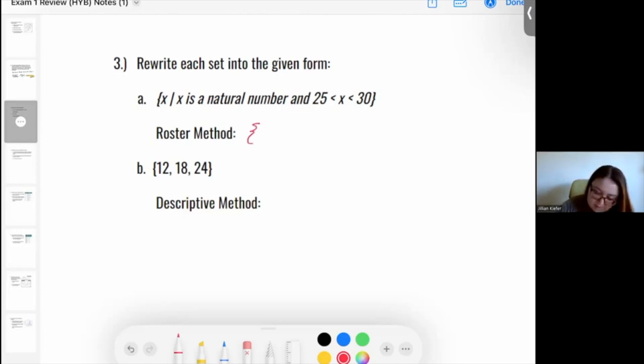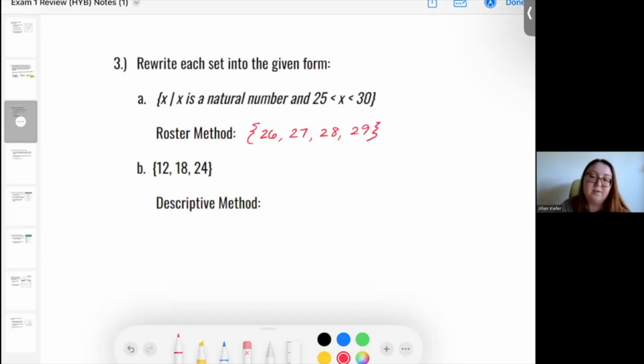When we do our roster method, we always want to write curly braces. We always want to include our list within those braces. So if we're starting with greater than 25, and it's a natural number, the next number would be 26. So we'll start at 26, and then we'll go 27, 28, 29, we stop there. Because we can't write 30, and the number that's less than 30 is 29.